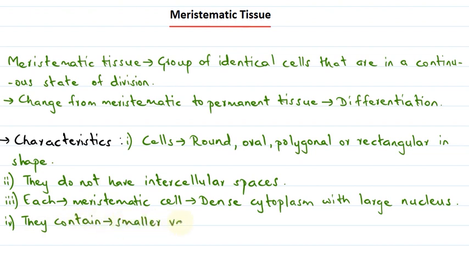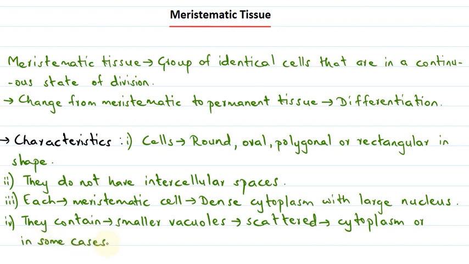These vacuoles are scattered throughout the cytoplasm, or even in some cases the vacuoles are completely absent.